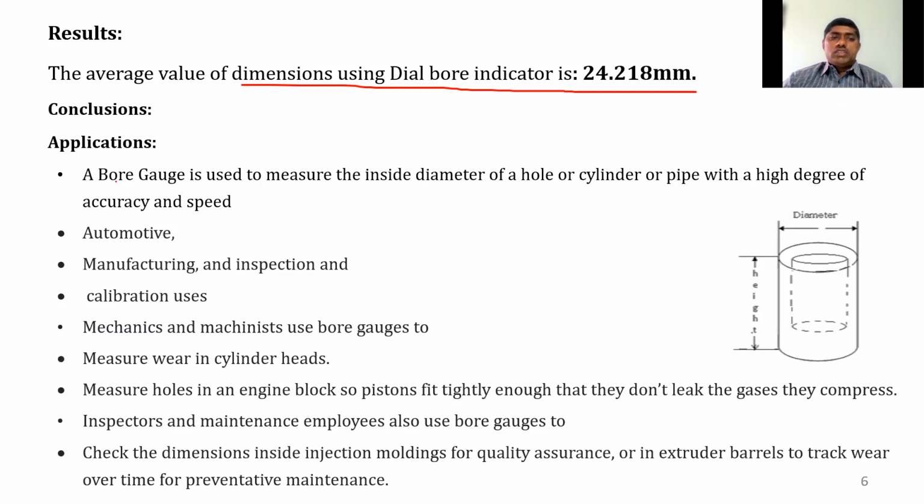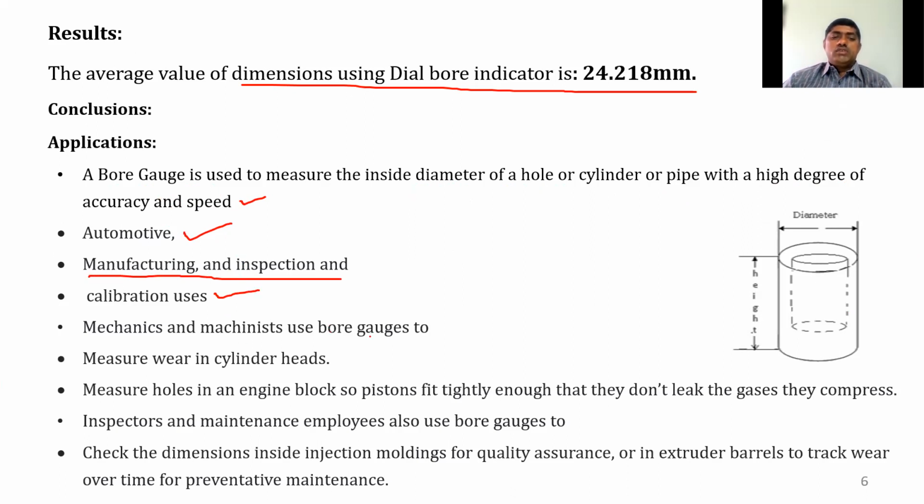Coming to the applications, the dial bore gauge is used to measure the inside diameter of a hole, cylinder or pipe with a high degree of accuracy and speed. It can be used in automotive industries for measuring the bores of IC engine cylinders. In manufacturing and inspection industries, we use dial bore gauges for calibration purposes.